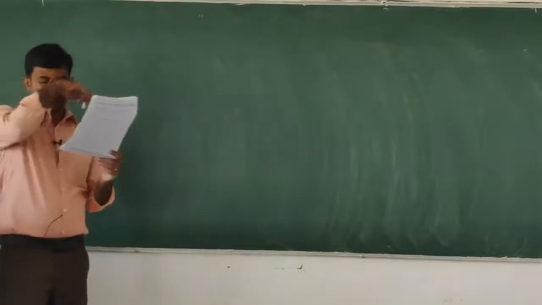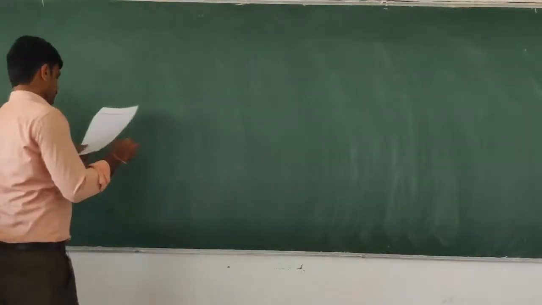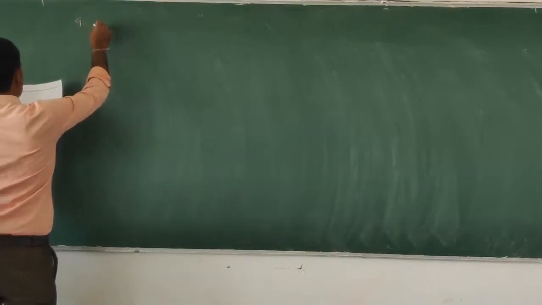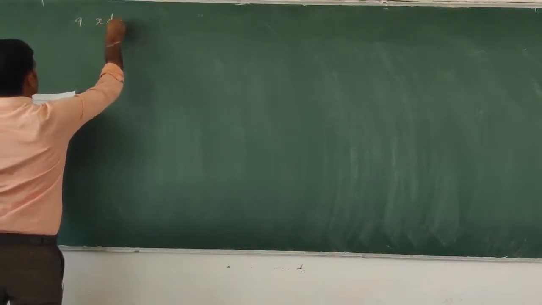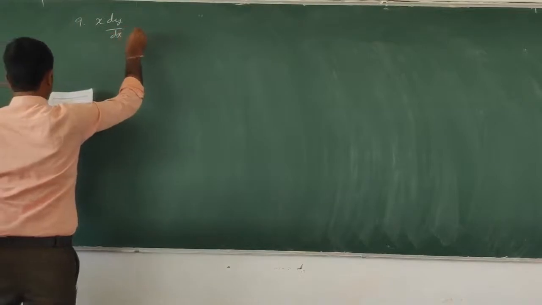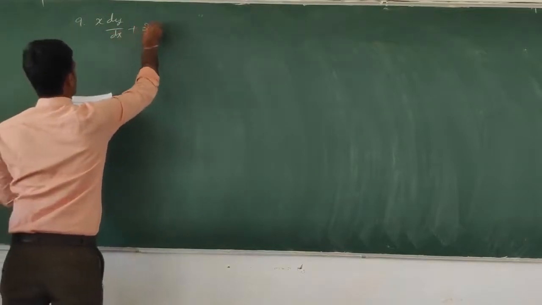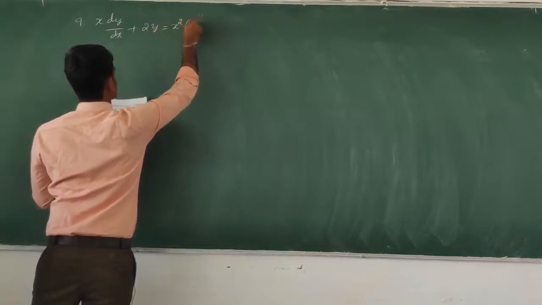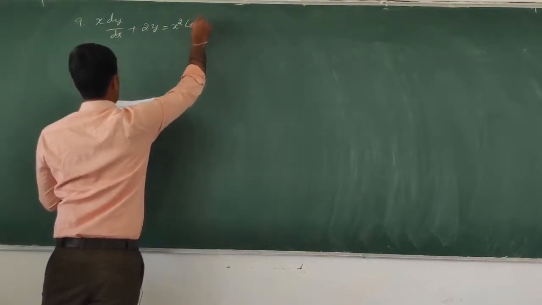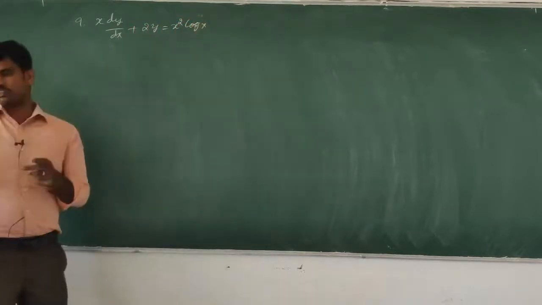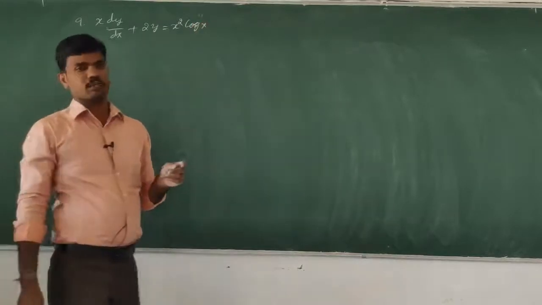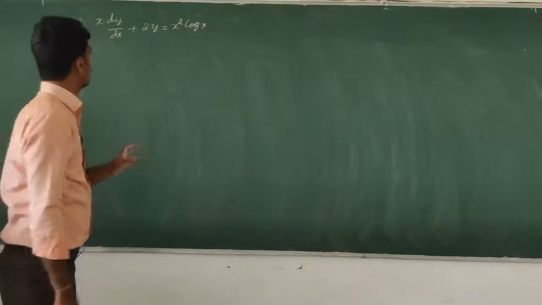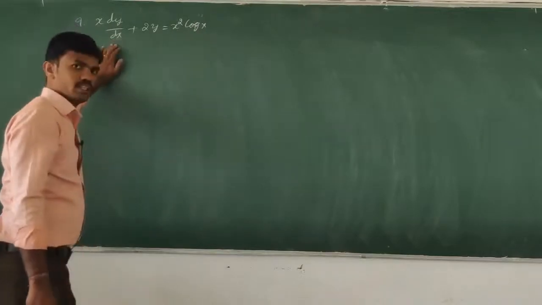The problem is x into dy by dx plus 2y is equal to x square log x. This is also important one and easy tumba easy ಇದೆ ಇದು. x into dy by dx plus 2 into y is equal to x square into log x. This is the given differential equation.